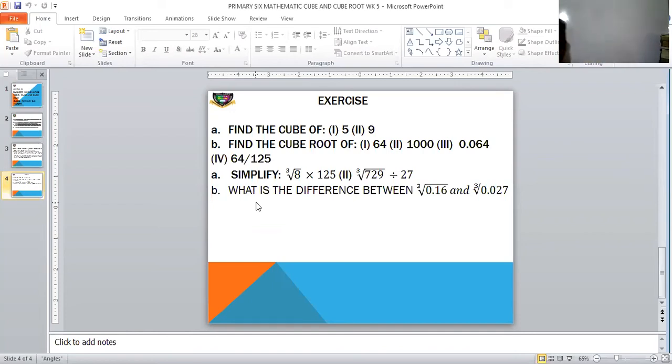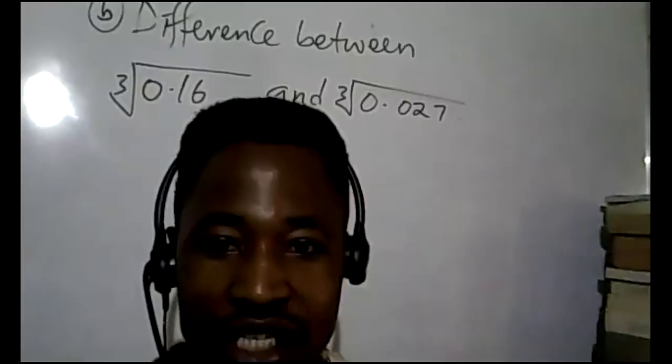We are looking for the difference between the cube root of 0.16 and the cube root of 0.027. Now, let me make my board bigger so you can have a better view of how I solve this.